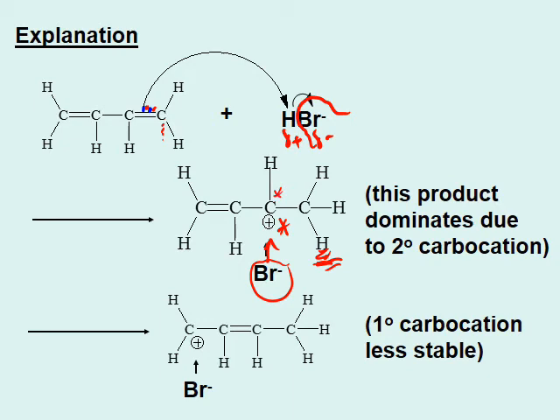Now this has unsaturation, has 3 bonds, so it can accept another bond or another pair of electrons. Now that adjacent carbon, I'm going to show you with another color. The adjacent carbon, this carbon, has a pair of electrons here in the pi bond.